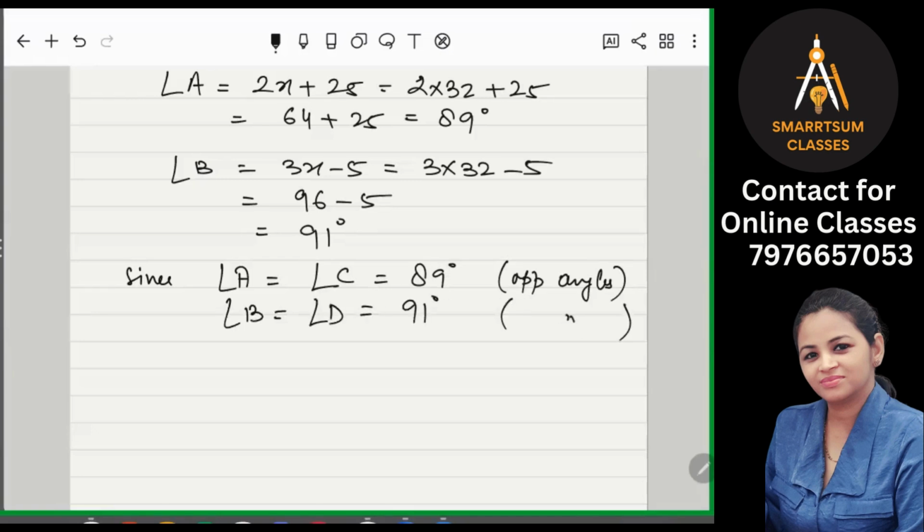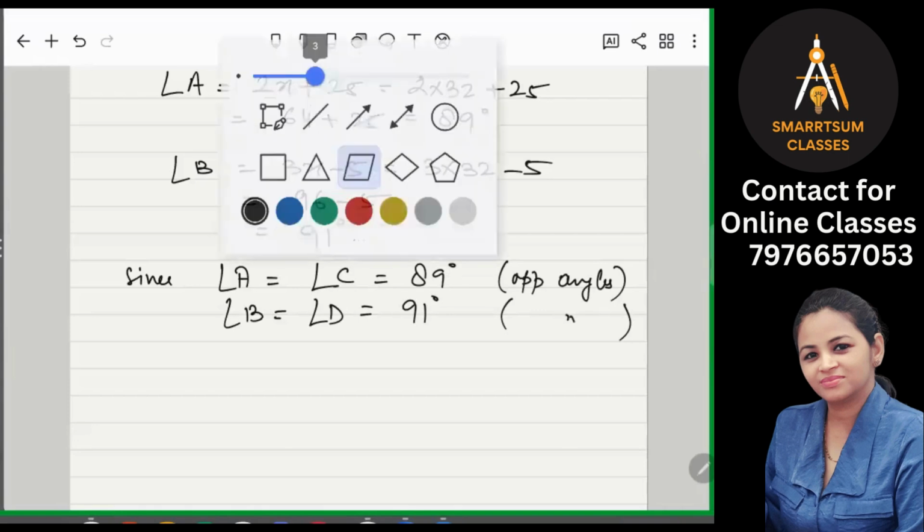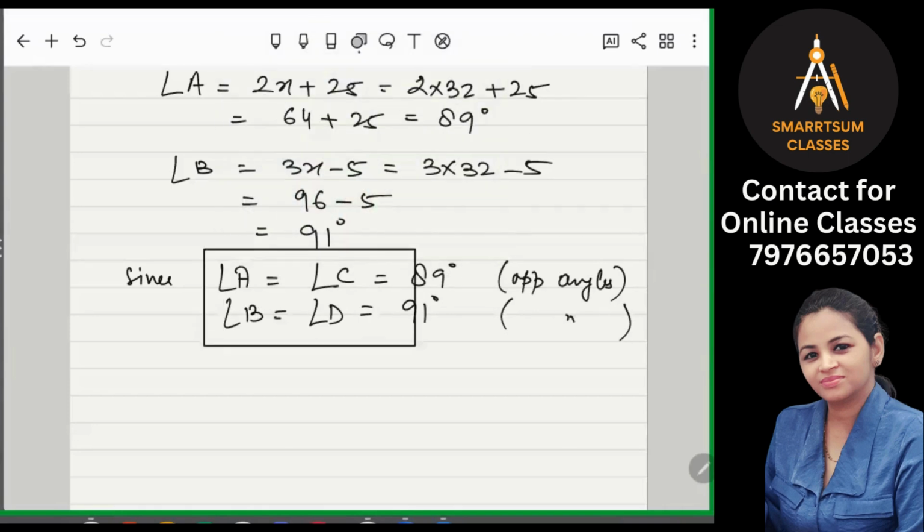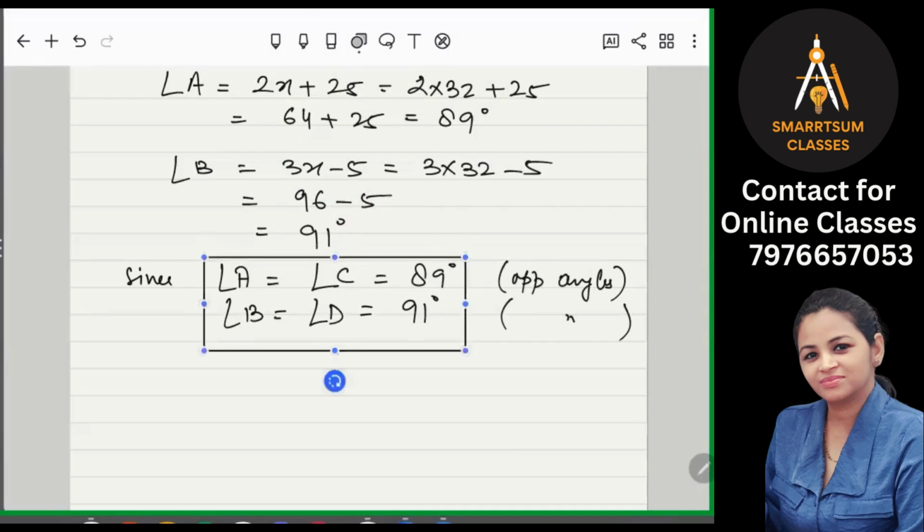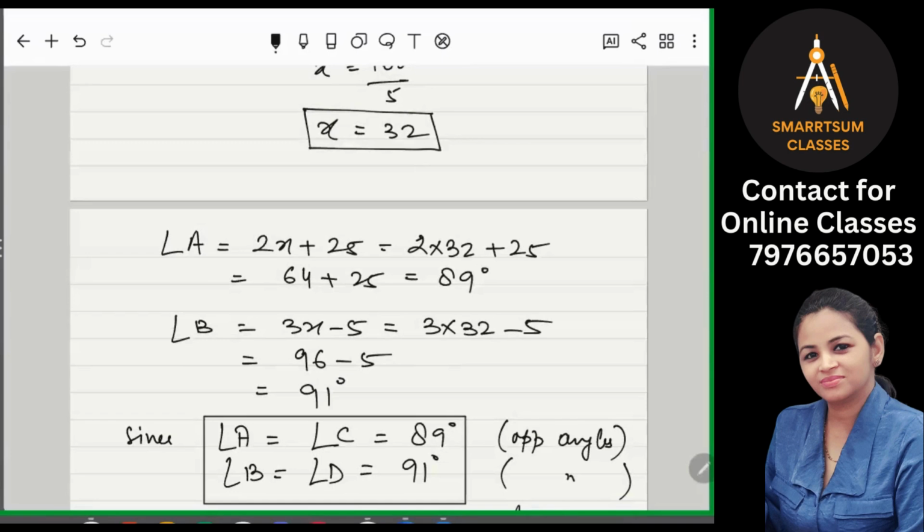Reason, opposite angles of a parallelogram. So in this way we have calculated all the angles of the parallelogram. Okay, so angle A and angle C are 89 degrees, and angle B and angle D will be 91 degrees. Is that clear to everyone?